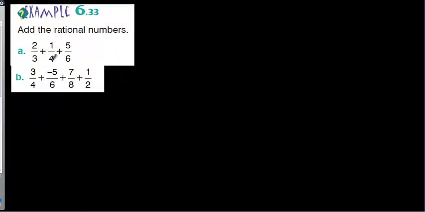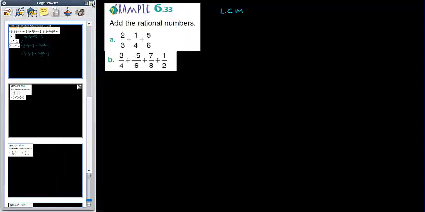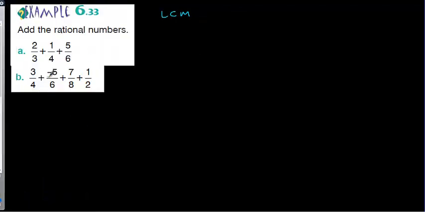Here, if the denominators are different, we should use the least common multiple for the terms, and we should find the least common multiple of these numbers to get the common denominator. So for 3, 4, and 6, you may divide the numbers, 4 and 6, by 2.